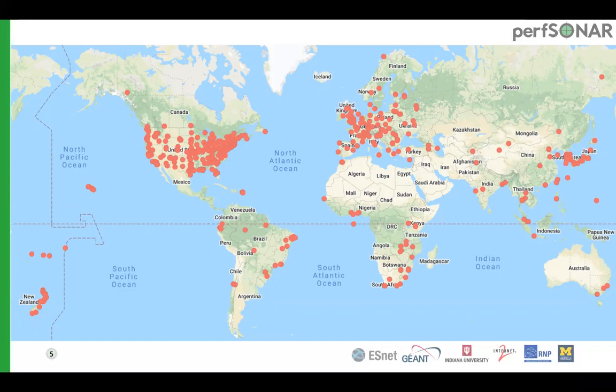We have a bit more than 2,000 deployments in many different countries. And lately, in the last years, we've seen more distributed deployments, with deployments in nearly all the continents except Antarctica, of course.